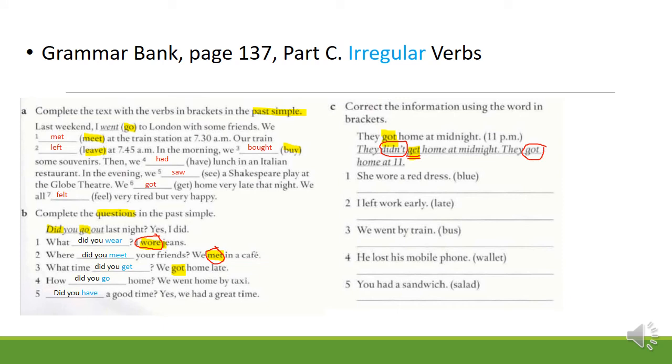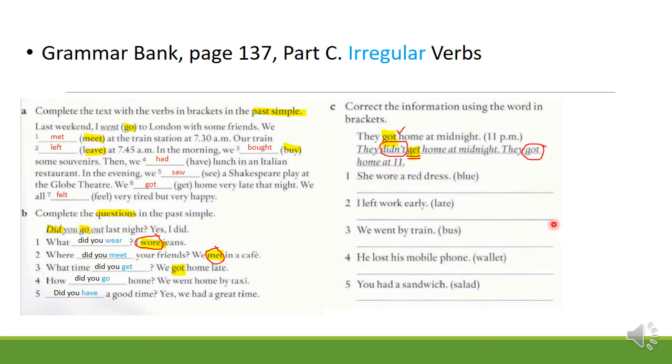So here we will use the past form of the verb. They got home at 11. So let's check again. They got home at midnight. We have to correct that. So they didn't get home at midnight. They got home at 11.